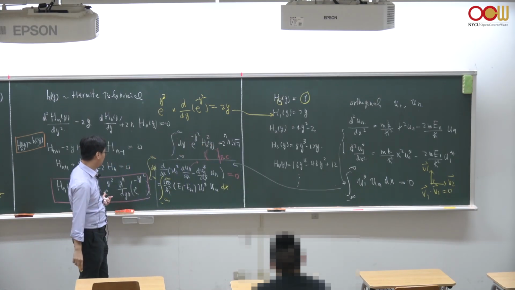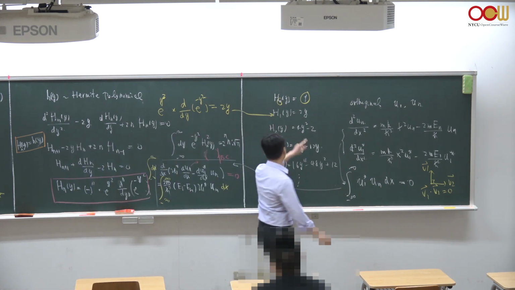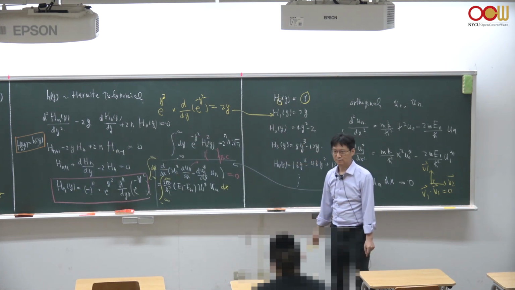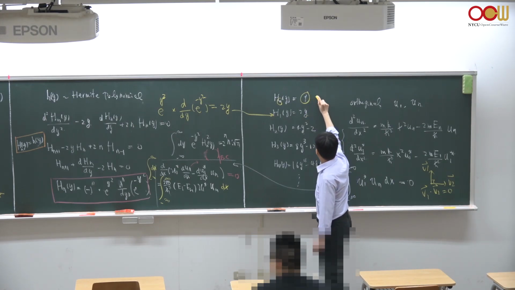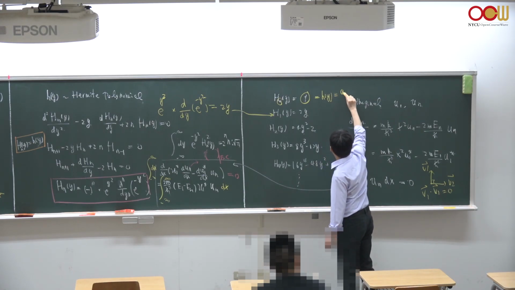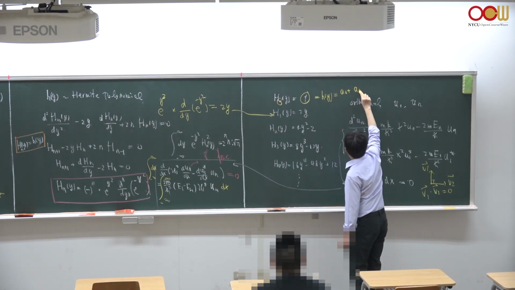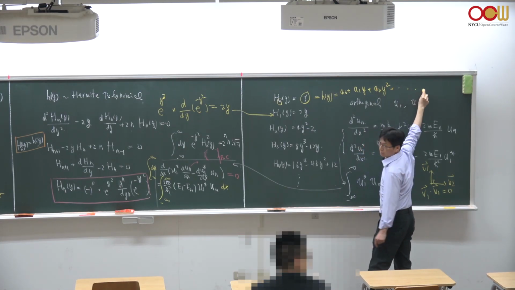When little n is 2, you perform such a calculation and find 4y squared minus 2, and so on and so forth. And this 1, 2y, 4y squared minus 2 is precisely the little h of y, which is a0 plus a1 y plus a2 y squared, and so on and so forth.